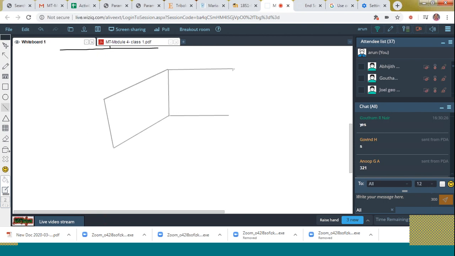Another plane is here, and the bottom plane is also here. Like this. And the workpiece is also drawn. This red color is the workpiece.